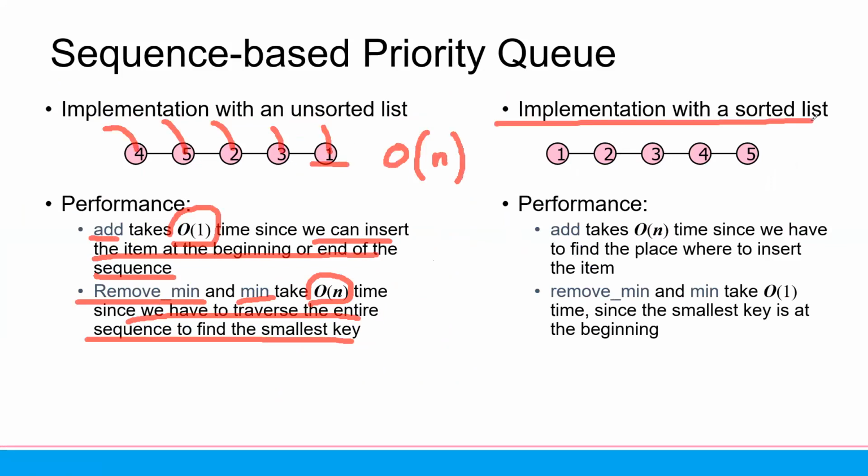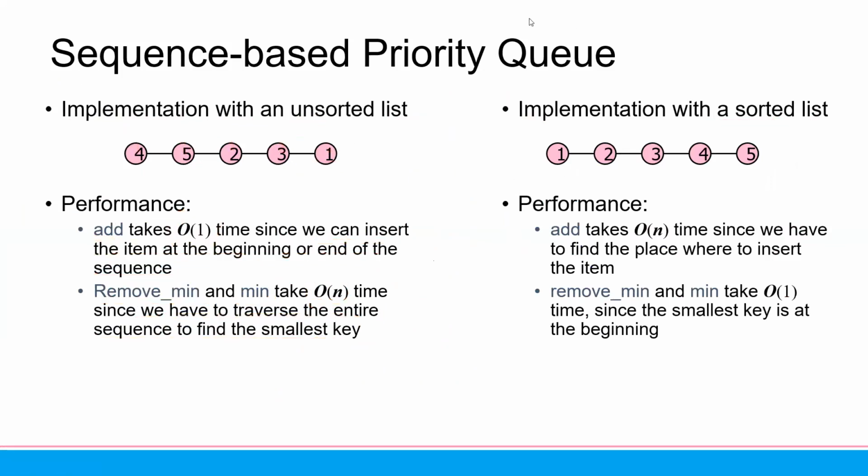We can do the implementation with the sorted list. It means whenever we add a new item, we will sort it. So we want to find the place where to insert. Let's say I have 4. Okay, you can just put 4.